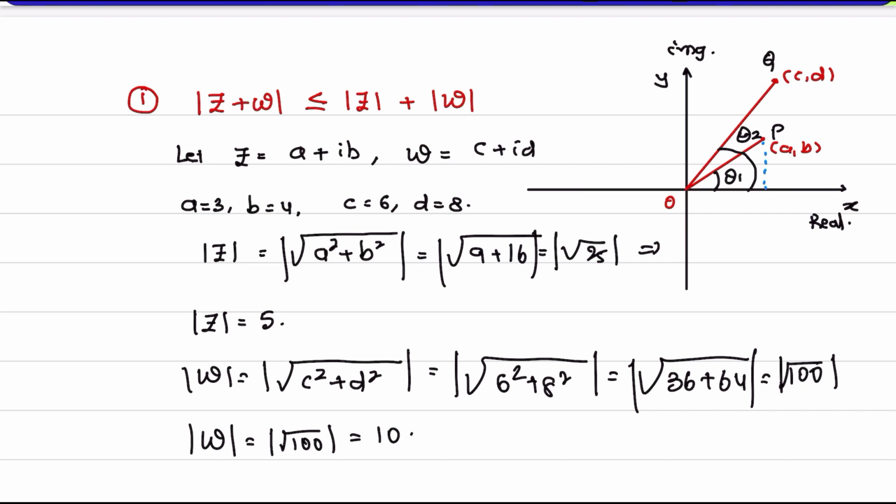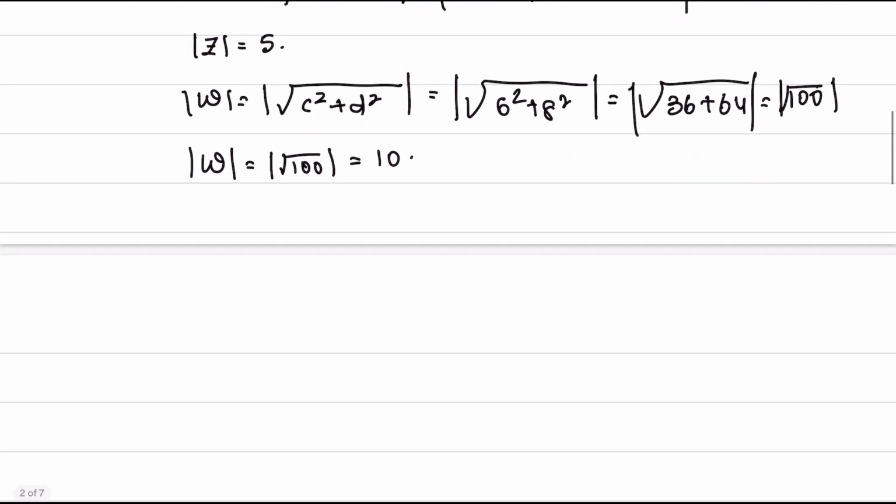Then, what is the value of Z plus W? How do you add Z plus W? If it is 3 plus 5, you can add it, 8. If something is like 8 plus 11, we can add, 8 plus 11 is equal to 19. But how to add the complex numbers?